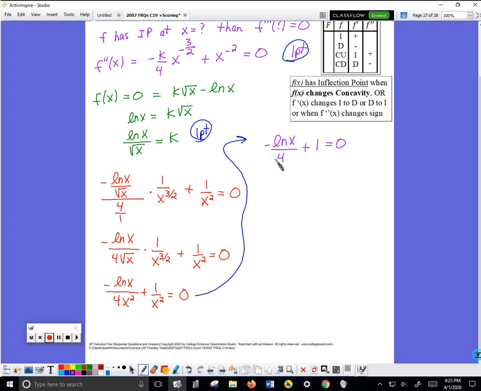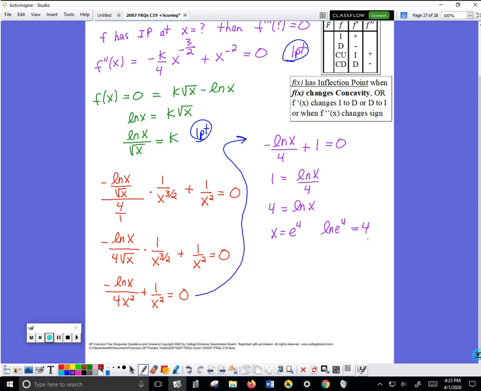If I move this to that side, I'm going to have 1 is equal to natural log of x over 4. Multiply both sides by 4, I get this. So now I know that x is equal to e to the 4th because the natural log of e to the 4th would equal 4.